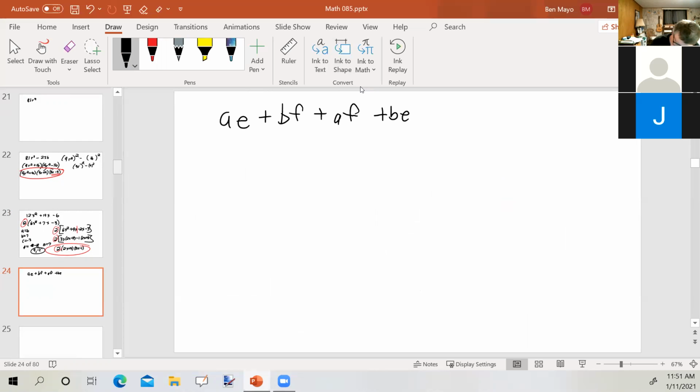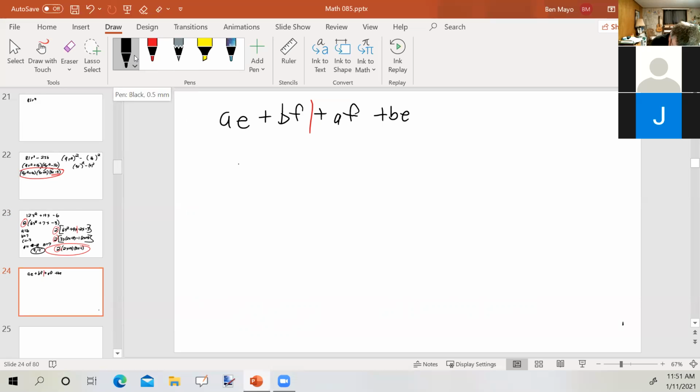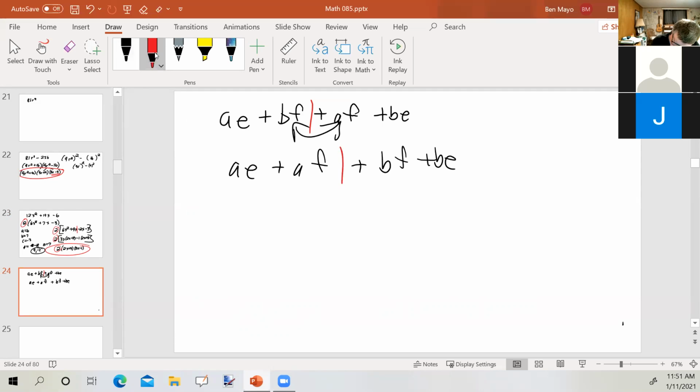So I'll break it down into groups of 2. Well, there really isn't a greatest common factor in the first 2 terms other than a 1. What if I rearrange the terms? What if I wrote them as AE plus AF plus BF plus BE? So I'm just going to switch those 2 terms around. Let's see what that would do.